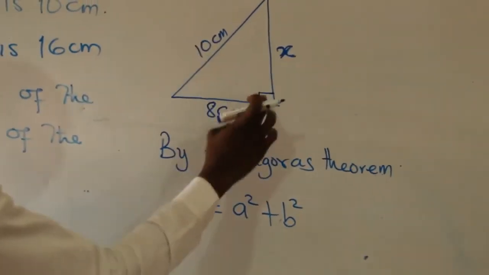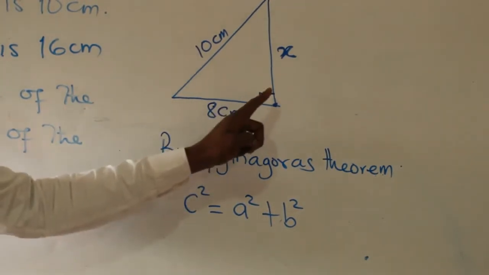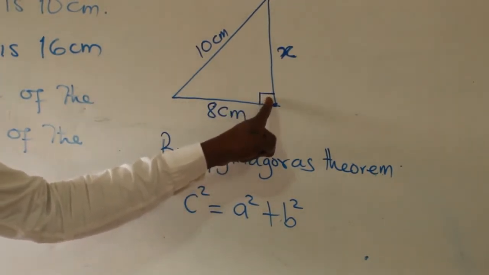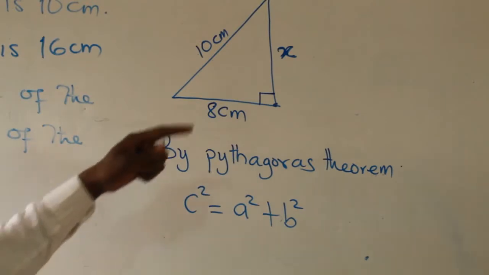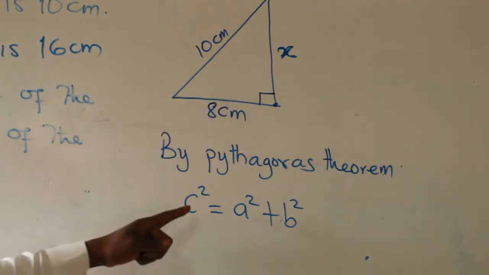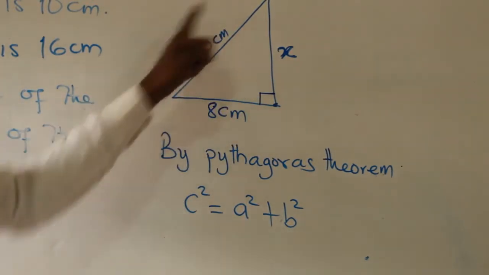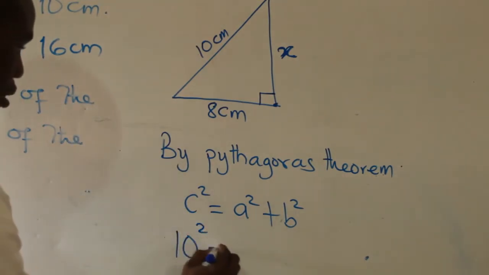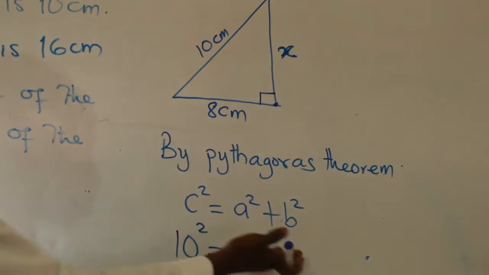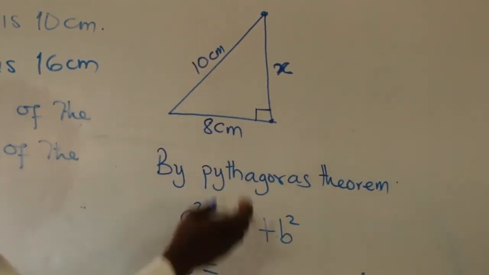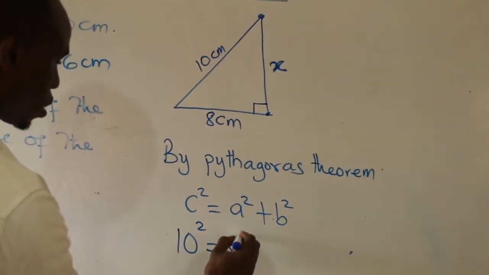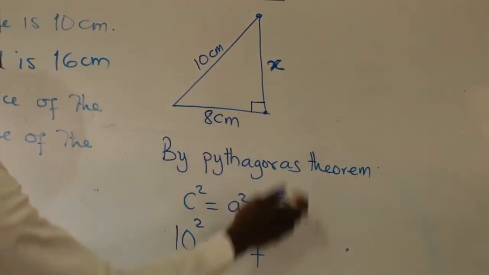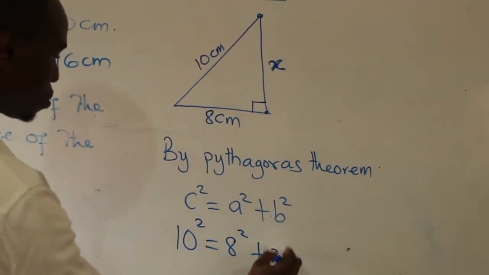The hypotenuse is the side facing the right angle, the 90-degree angle rather. So c is my 10, and that's the longest side of this triangle. So 10 squared is equal to 8 squared, since 8 can be any of the sides, while x will become b. So I have x squared.